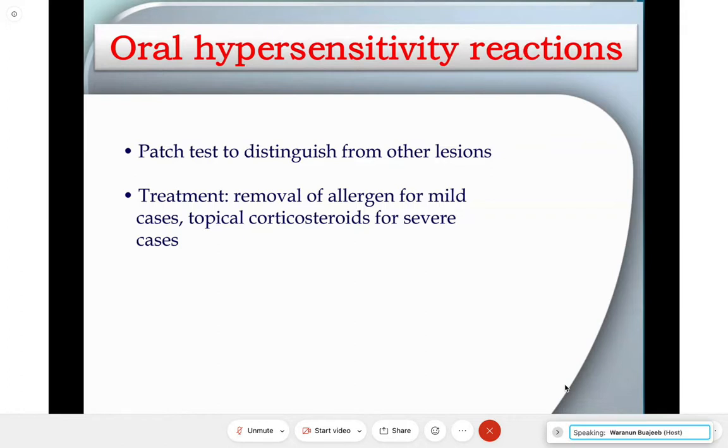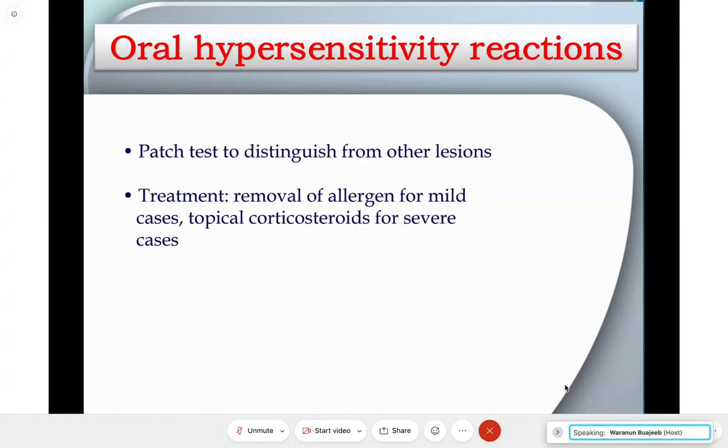In that case, the physician can put many types of dental material into aluminum discs, which we call Finn chambers, and then place them on the back of the patient, on an area of non-hairy skin, and keep them for 48 hours. After 48 hours, remove all those allergens, all those materials, and see whether any reaction occurs.